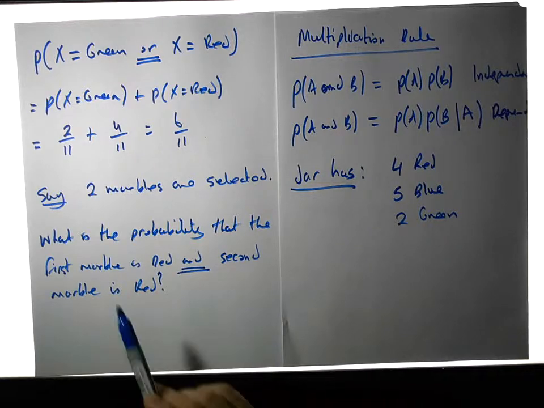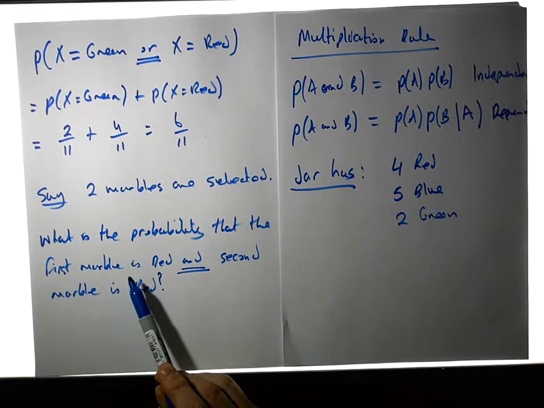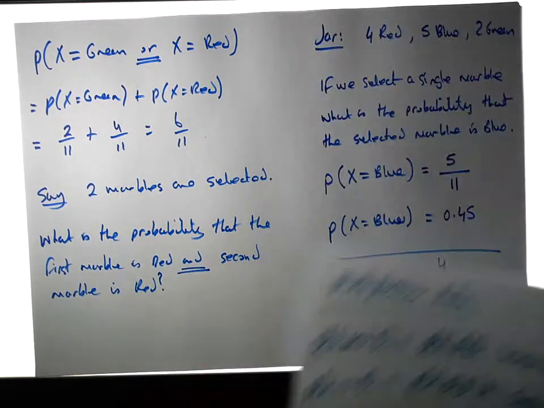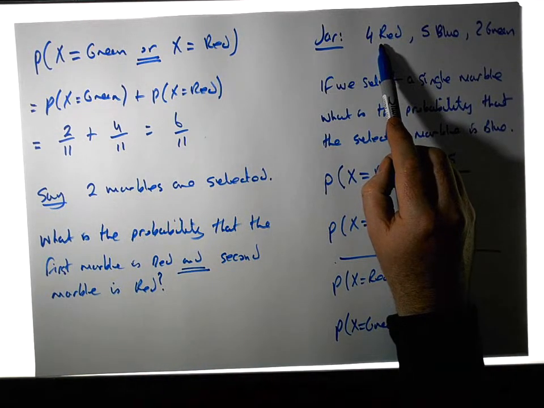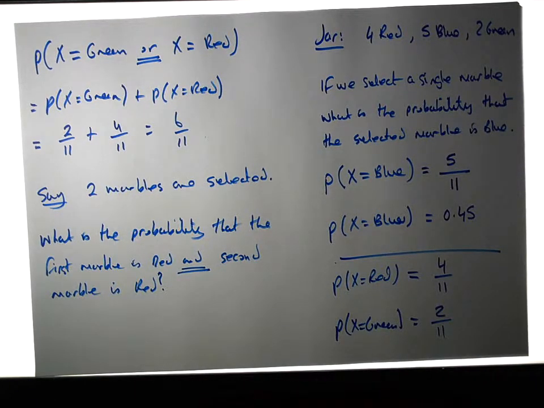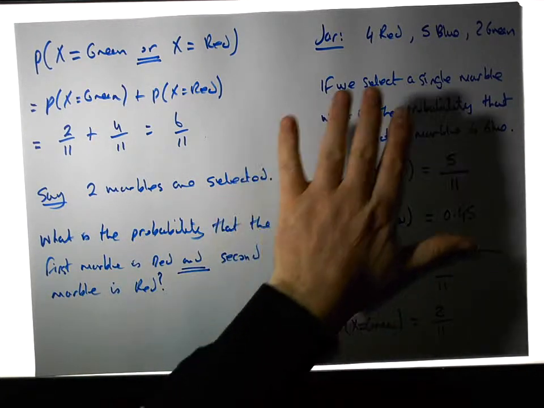When I select my first marble, the probability of getting a red marble, just in general, I've got 4 chances out of 11, because there's 11 marbles, and all the marbles are still in the tin. Now, if I put that marble back in the tin, there's still 11 marbles in the tin.